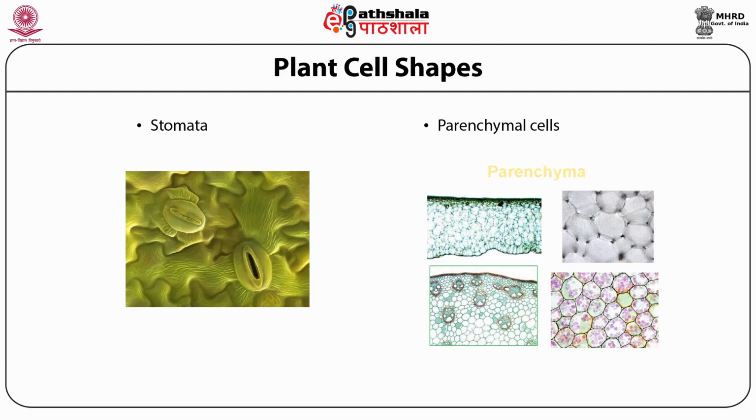These have a characteristic kidney bean shape, and they close and open, and therefore the shape is altered. Similarly, if you look at other types of cells, there are what are called parenchymal cells in the plant system, some of which are depicted here.